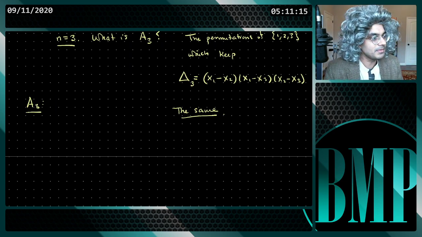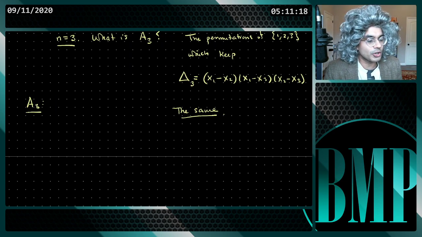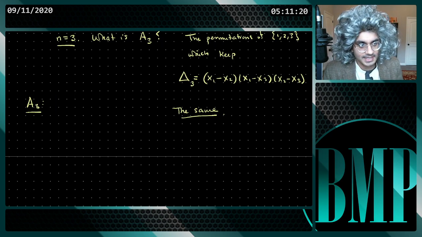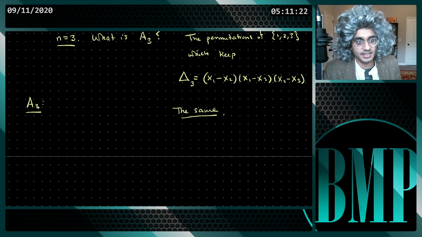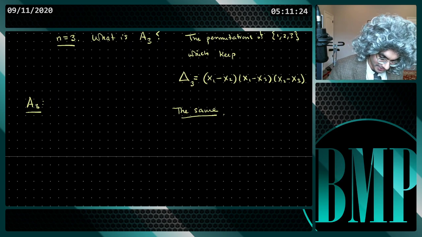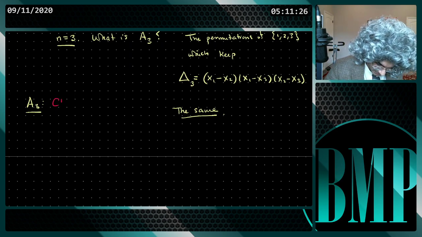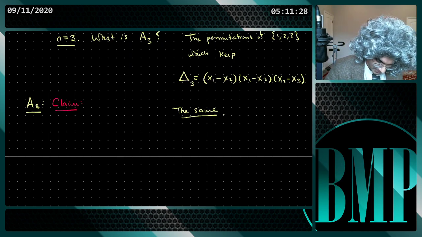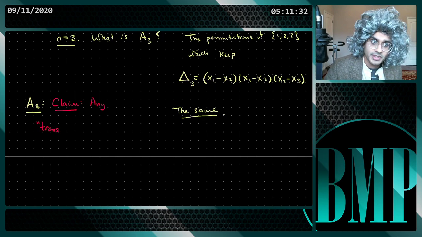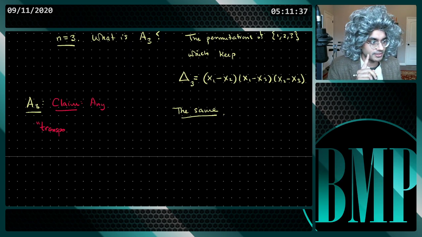I claim that any transposition is definitely not in A3. Here's the claim: any transposition, which you'll know what that is if you've taken a look at your homework assignment for Monday.